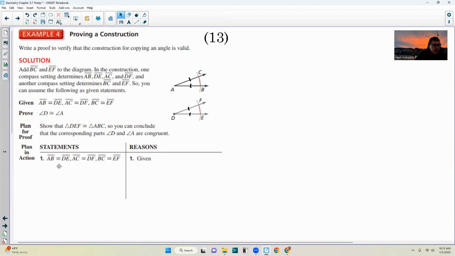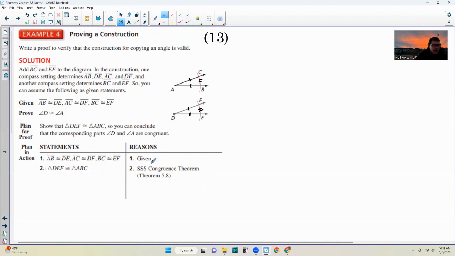Okay, we're trying to prove the two triangles are congruent. Well, we made a triangle with this last side. So now we say triangle DEF is congruent to triangle ABC by side, side, side. Okay, we have three sides congruent. This side is congruent to this side. They're all given. We're given all three sides are congruent.